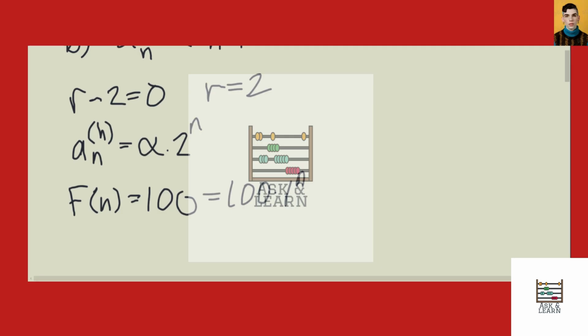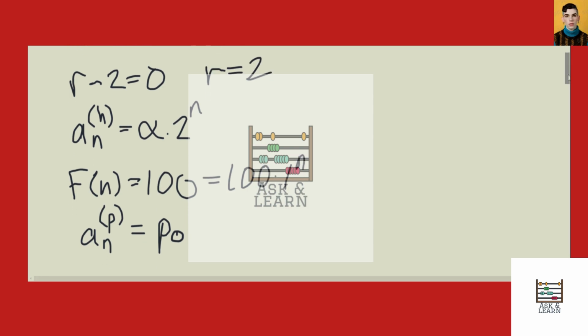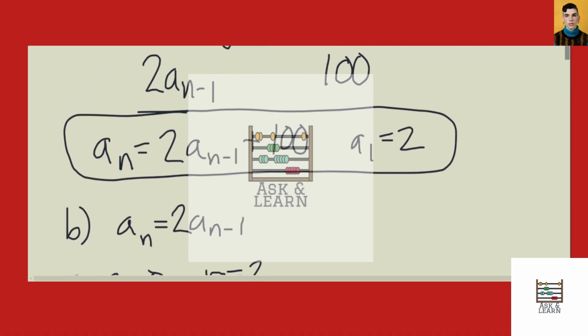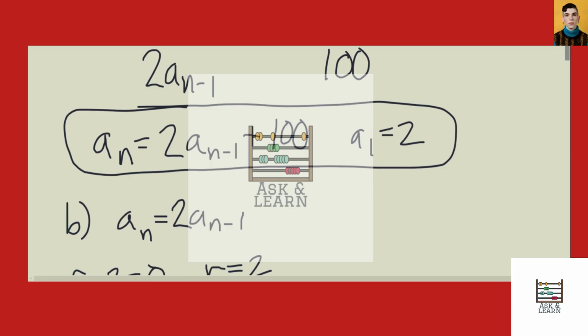And so it follows that the form of the particular solution is going to be p_0 times 1 to the n, which is the same as just p_0. To find the value of p_0, plug the particular solution into the non-homogeneous recurrence relation.